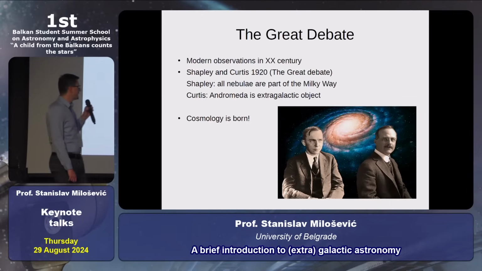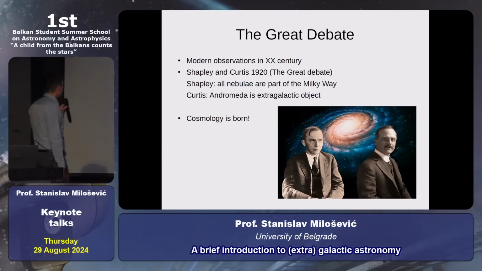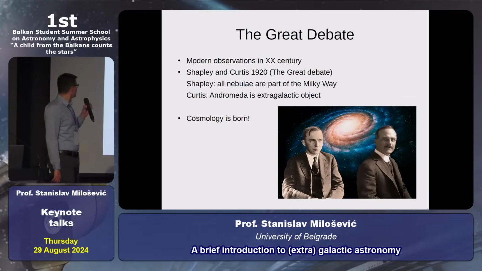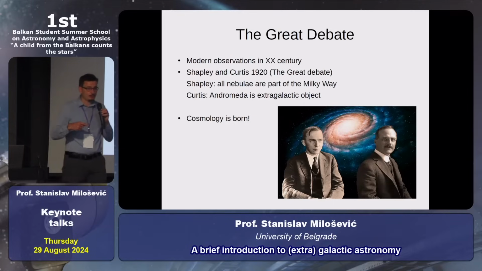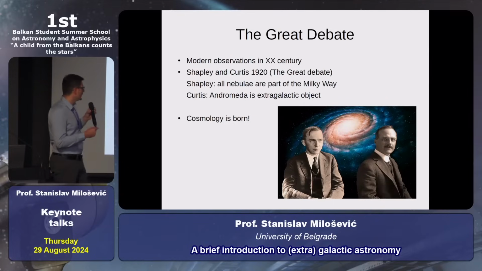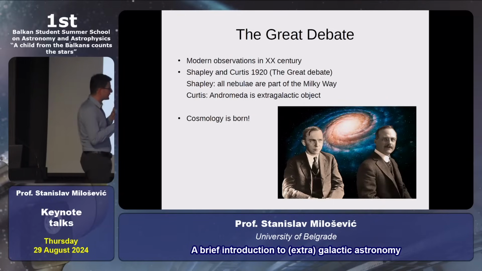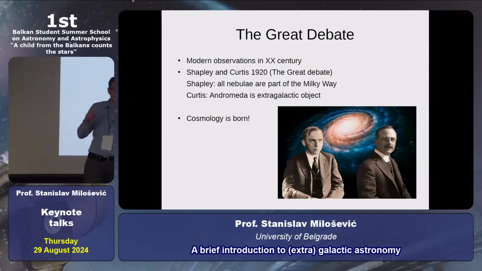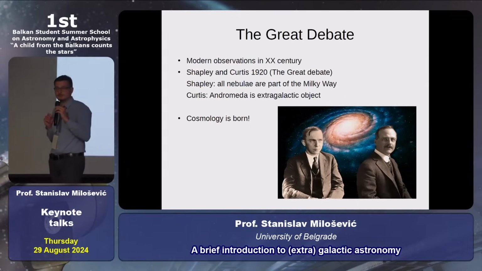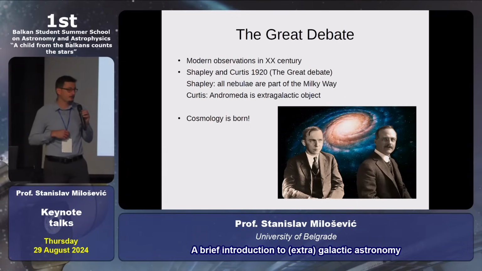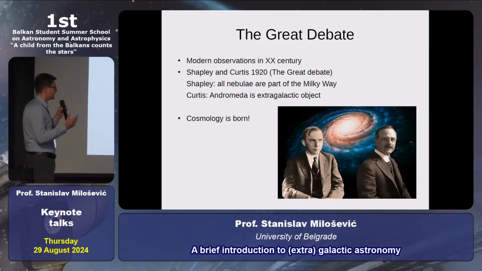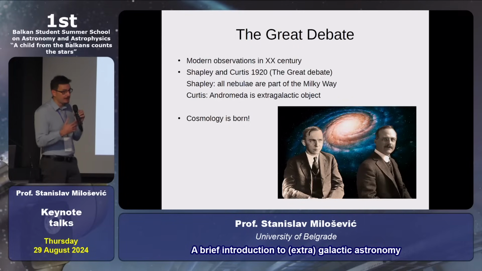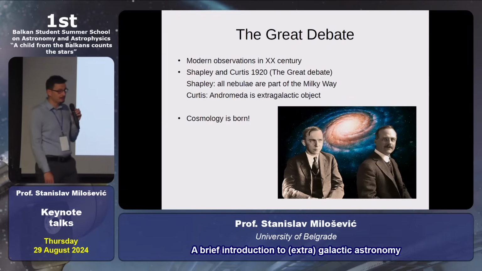Shapley stated that all nebulae are part of the Milky Way, and Curtis said that Andromeda, which is one of the nebulae, is an extragalactic object. But when he was calculating the distance to Andromeda and other faint objects, he made a lot of errors because he didn't account for absorption by gas and dust in the Milky Way.